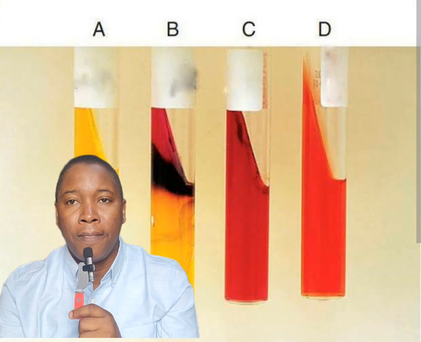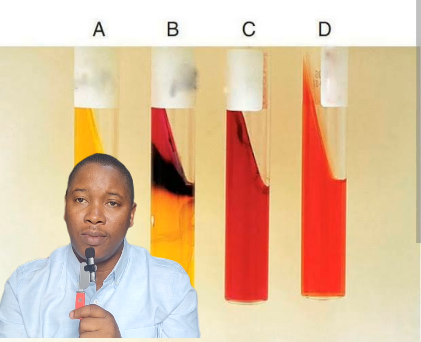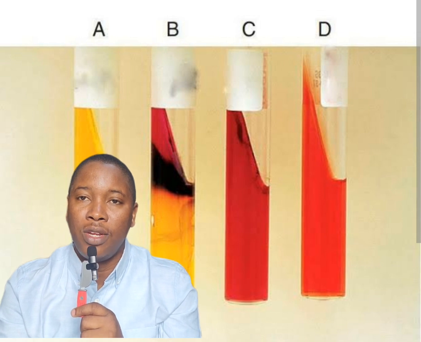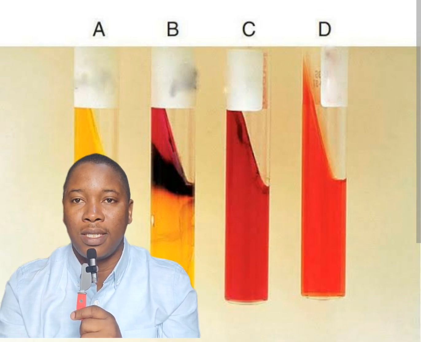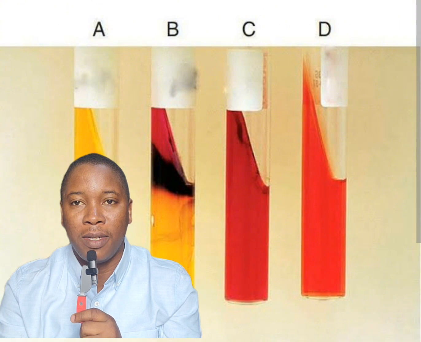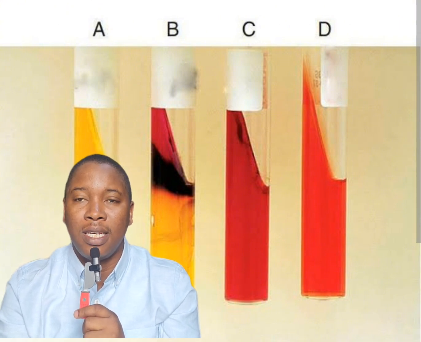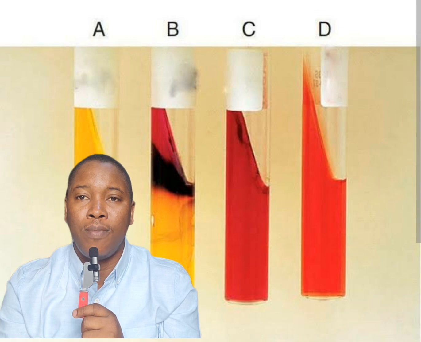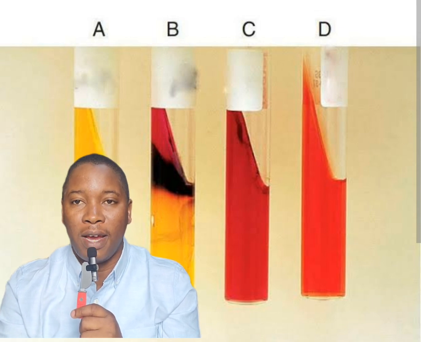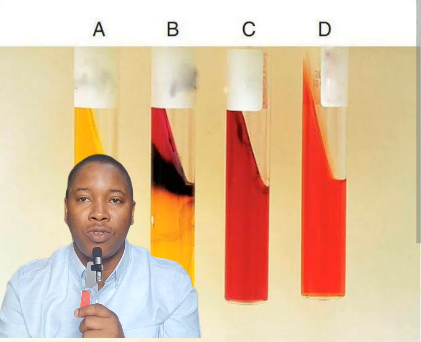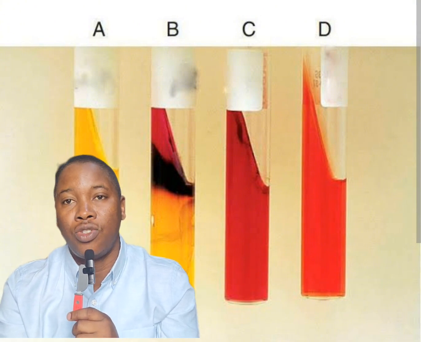Secondly, when the bacteria is making use of these sugars, does it produce gas in the process? That's the carbohydrate fermentation. Does it come with gas production? And the third thing it is checking is whether the bacteria is able to produce hydrogen sulfide. Is it able to make use of sodium thiosulfate and use it to produce hydrogen sulfide, H2S?